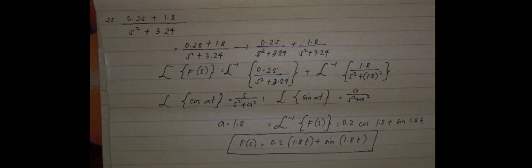The Laplace transform of cosine alpha t is s over s squared plus alpha squared, and of sine alpha t is alpha over s squared plus alpha squared. With alpha equal to 1.8, the inverse Laplace of F(s) equals 0.2 cosine 1.8t plus sine 1.8t, which is 0.2 times the parenthesis of cosine 1.8t plus sine 1.8t.